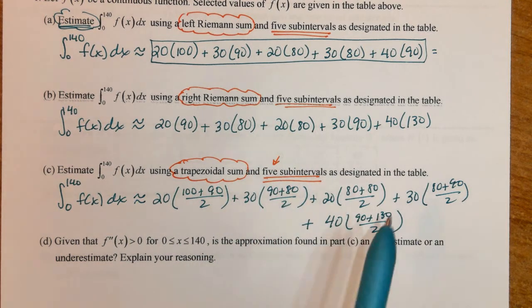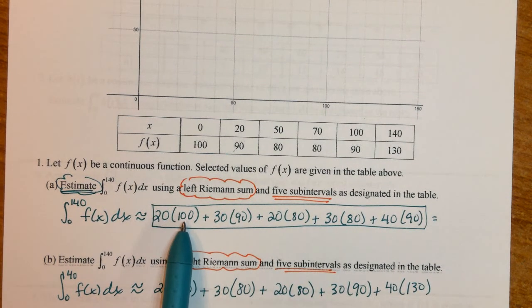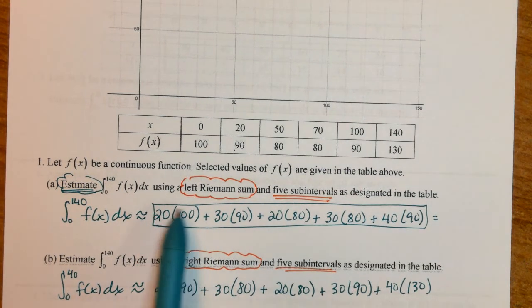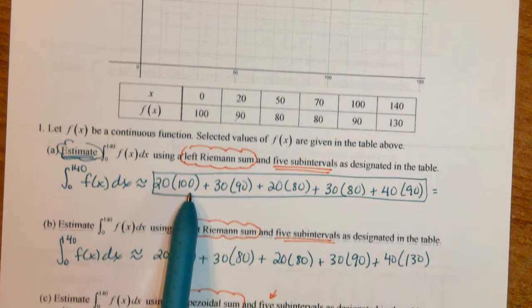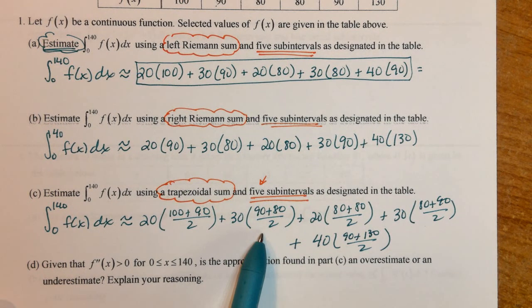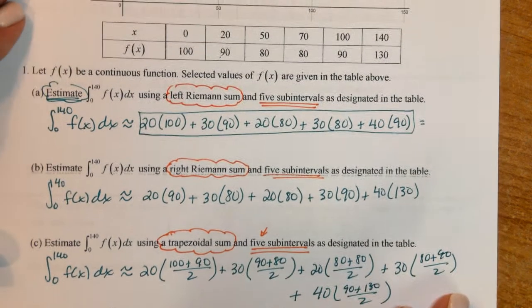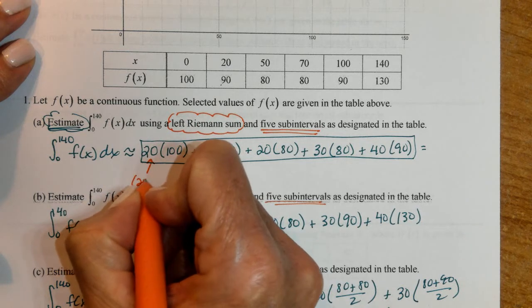So do not, like up here, this 20 times 100, do not just write 2,000 for that, because then AP is losing their ability to track what you're doing there. So you have to write out what I have written here. You have to. Okay? If you wanted to, you could take this a step further, and instead of writing 20, write that as 20 minus 0.